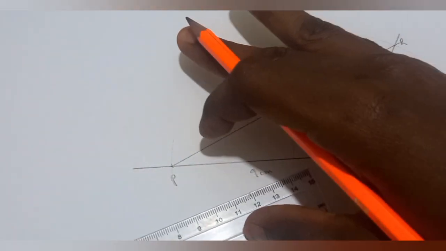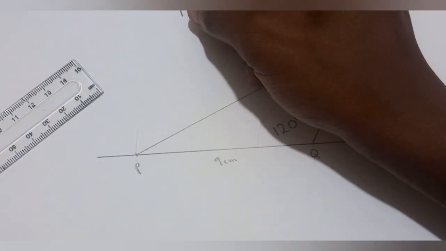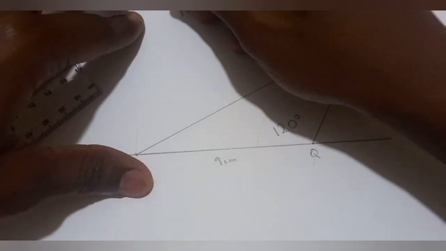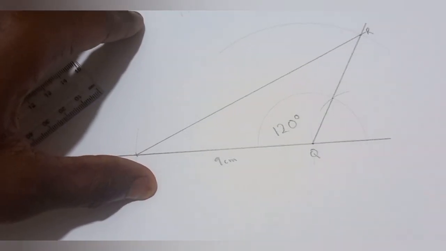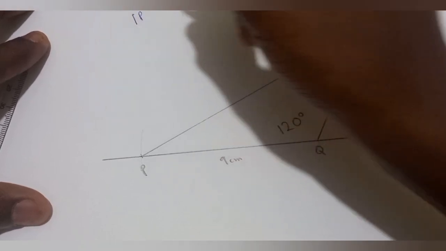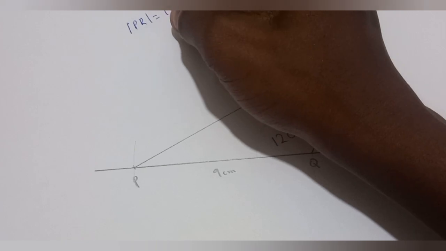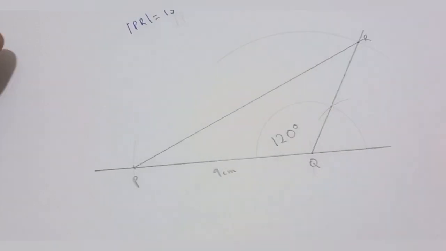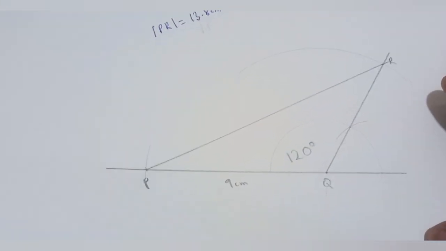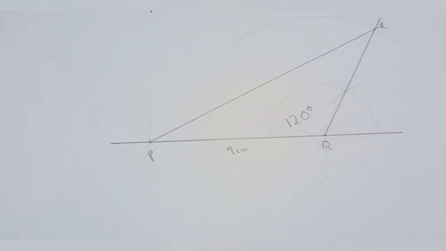But the actual answer is 14 centimeters. So we have PR equal to 13.8 centimeters.